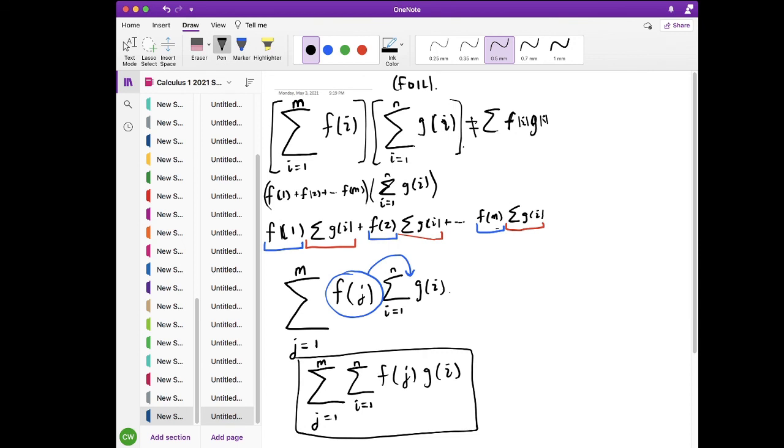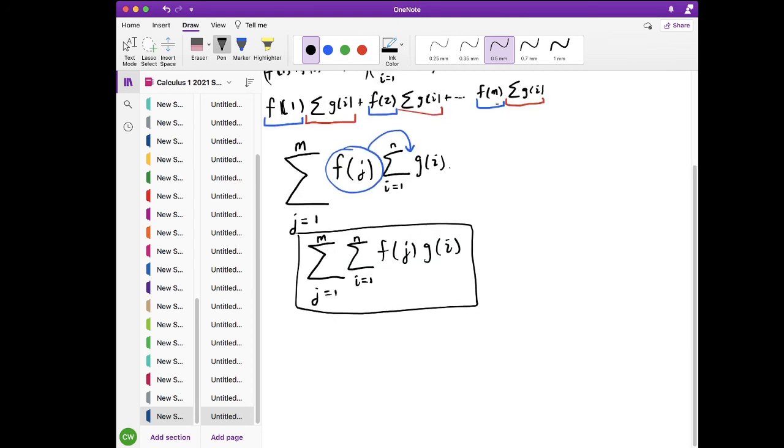So what you think of this is like a double for loop. If you're computer people, it'd be j equals 1, j less than or equal to m, j plus plus, and then you do another for loop in terms of the i's.